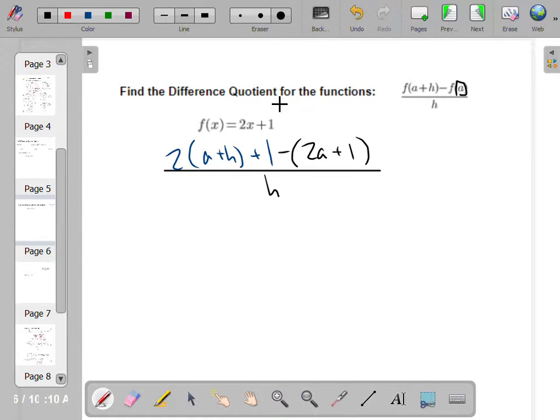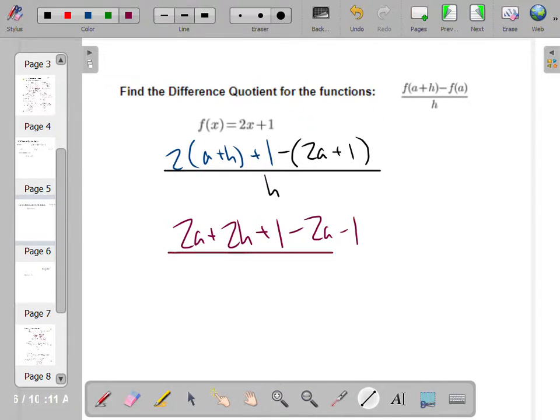So it's just a formula you're following, but you need to plug in a plus h for x and a for x. Now, once you've done that, you're going to simplify by distributing. So this would be 2a plus 2h plus 1. And then this is a minus 1, so we distribute that. That'd be minus 2a and minus 1. If you forget to distribute the negative, you're going to have a bad time.